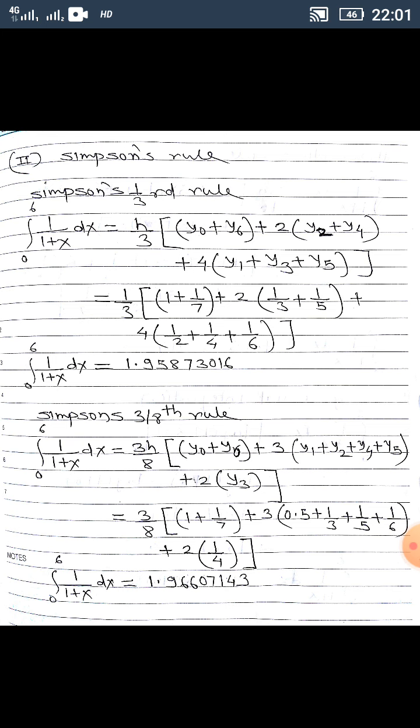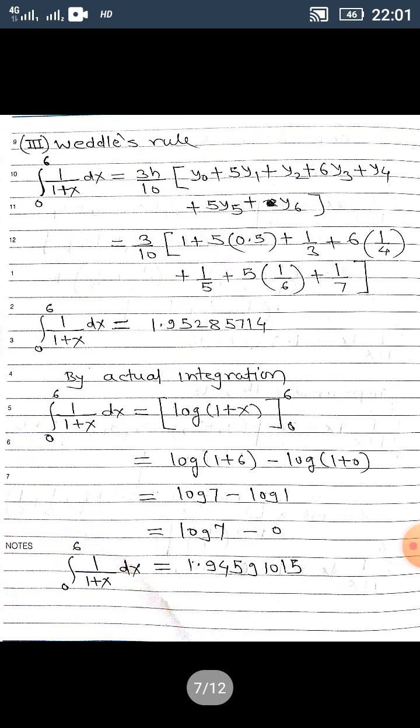Okay, next, Weddle's rule. Integration 0 to 6, 1 upon 1 plus x dx. Weddle's rule is 3h by 10 times y0 plus 5y1 plus y2 plus 6y3 plus y4 plus 5y5 plus y6. There are so many terms, but our terms are only up to y6, so we have written the formula up to that much.